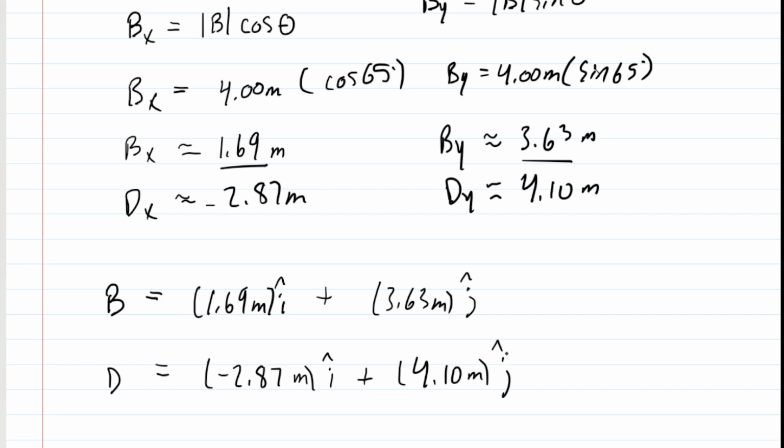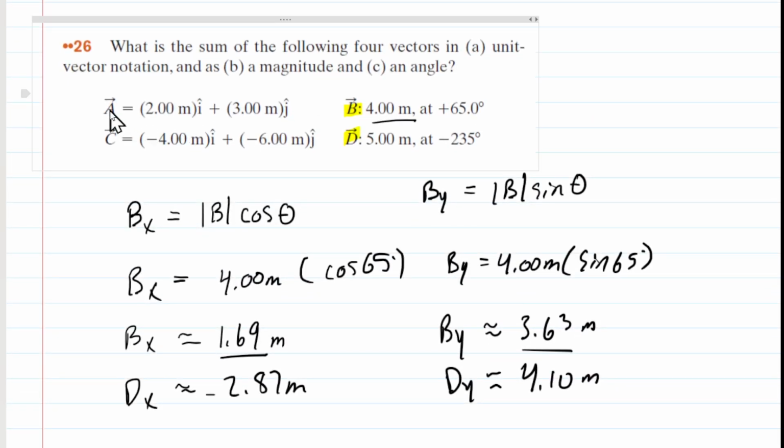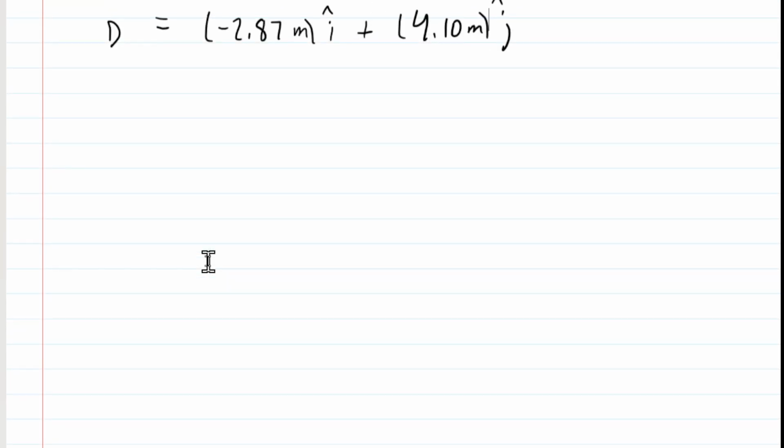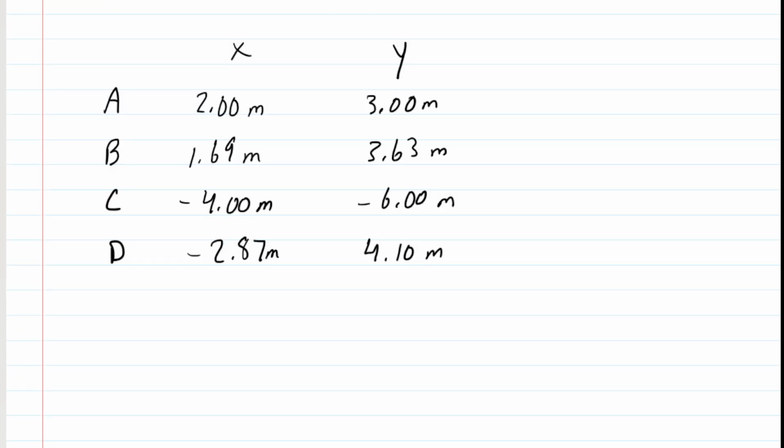So now that we have vectors B and D written in that unit vector form, and we also have vectors A and C in the same form, we're going to organize those vectors into a table that will illustrate their x and y components respectively. So let's go ahead and do that. Now that we have organized the vectors into this table, with the x components listed and then the y components listed, we can very easily find the sum of these four vectors.